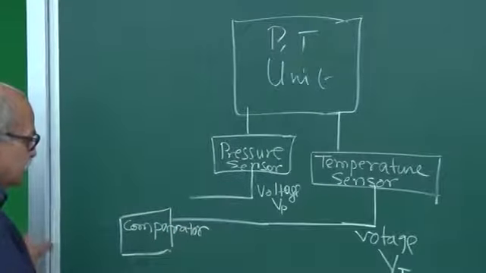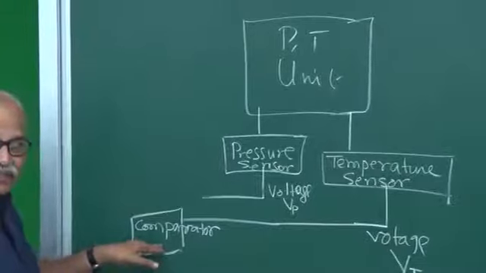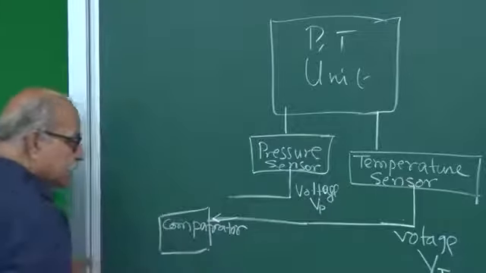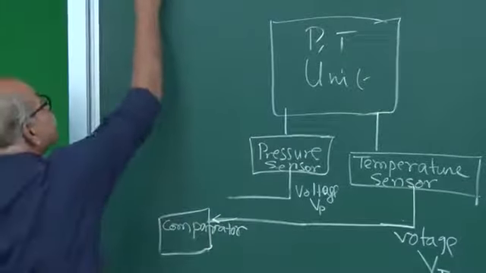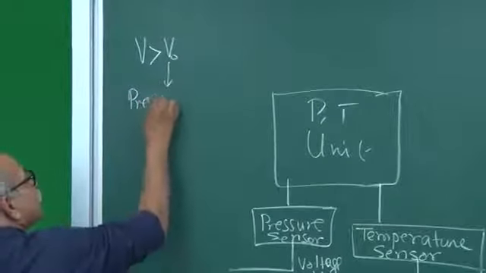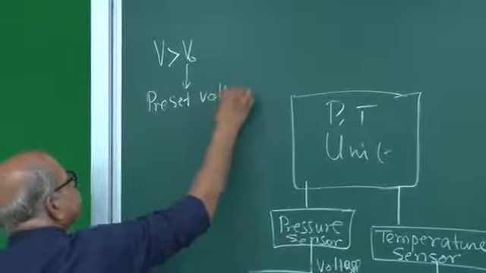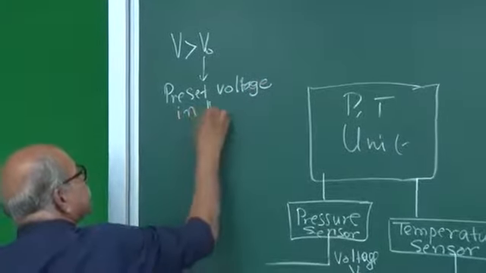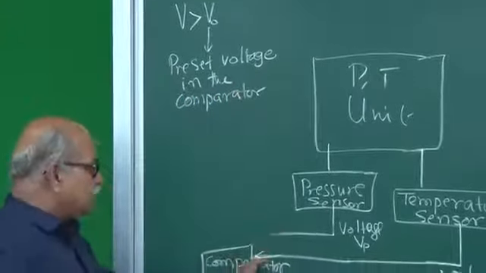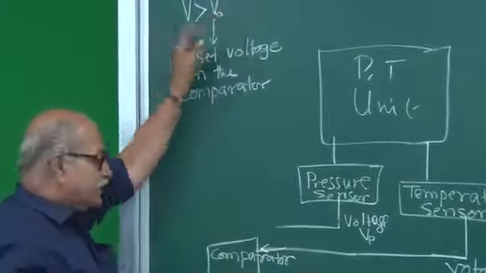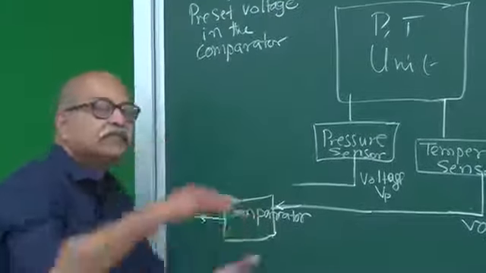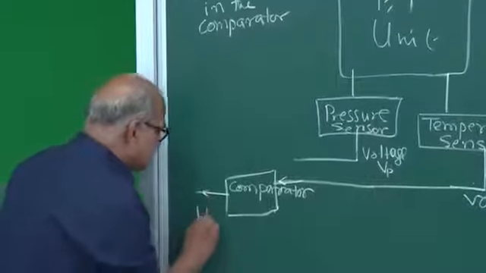This comparator circuit has some predefined voltage set, the preset voltage, and the input voltage which is coming from the sensor, if that is greater than this predefined voltage, then it gives me an output which has a high and fixed value, let us say 3 volts. So, it gives me a 3 volt value which I will call high.